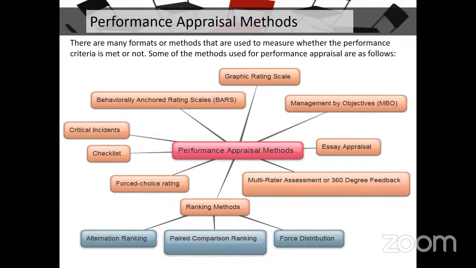If it is an organization where you're just introducing a new system, don't go to very complicated performance appraisal methods like management by objectives, or something so out of this world that they don't even understand. Go to very simple things. Start with a checklist, something that they'll understand. Let it grow gradually, because we call it the learning curve. Don't start with a performance appraisal tool that has 10 pages.